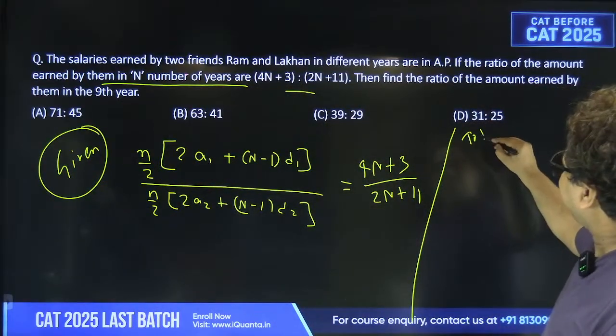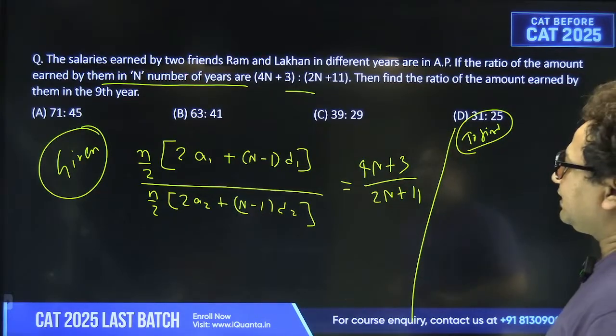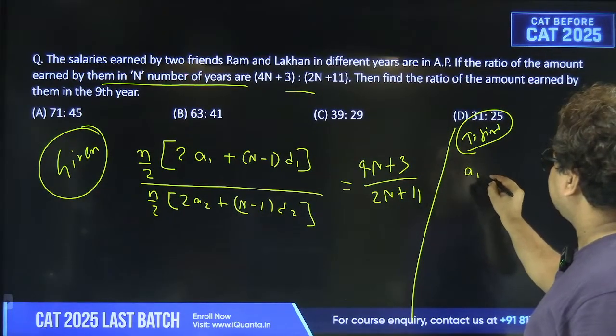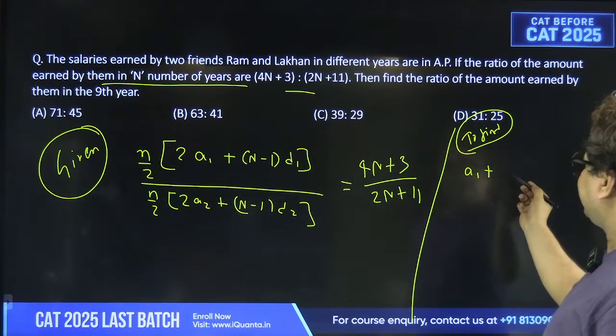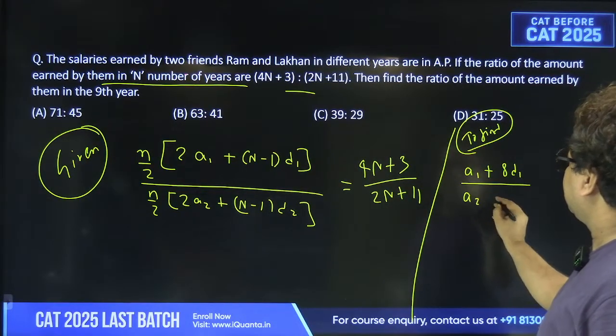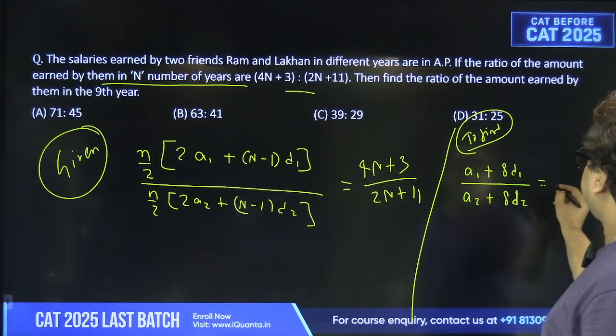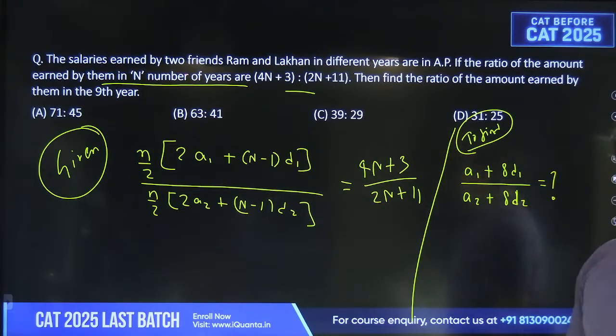And to find, what we need to find? We need to find the 9th year. So basically we need to find A1 plus 9 minus 1, that is 8D1, upon A2 plus 8D2. Is that understood? Is this clear, everyone? Yes or no?